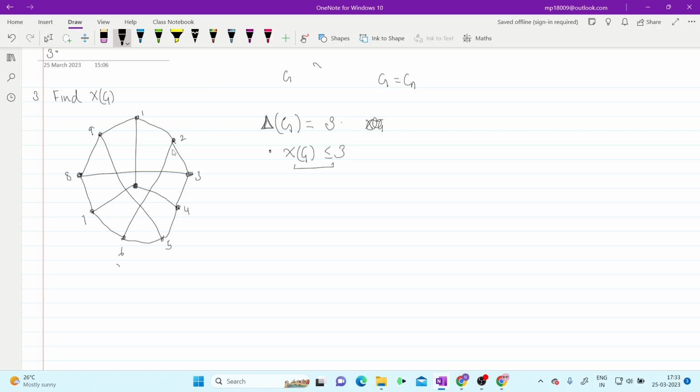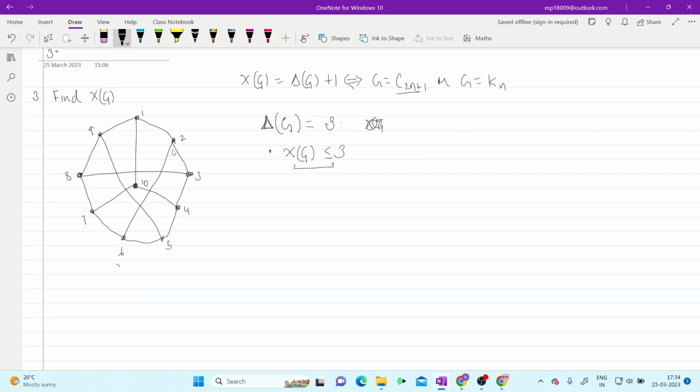The graph has 10 vertices. So first of all, on that doubt: chromatic number is equal to maximum degree plus 1 if and only if G is equal to C2n plus 1 or G is equal to Kn.